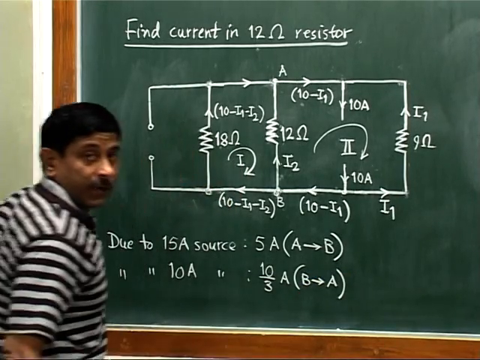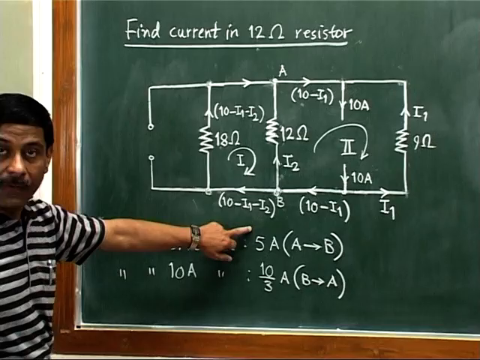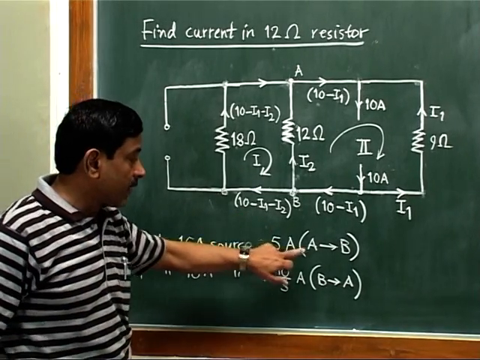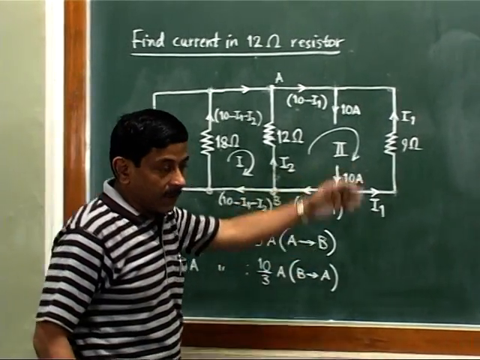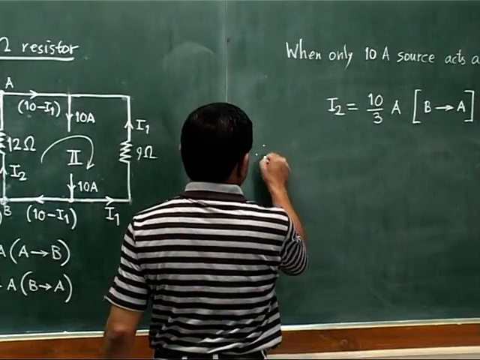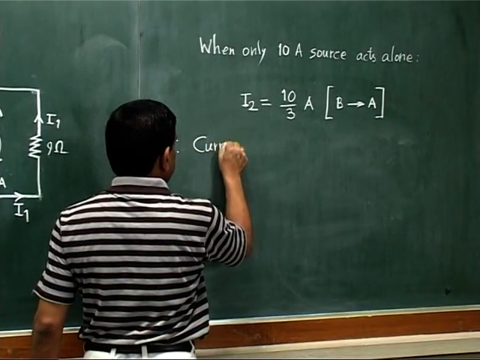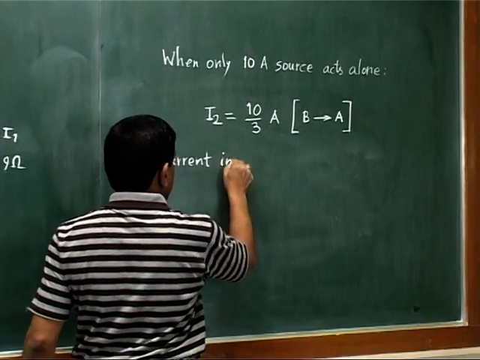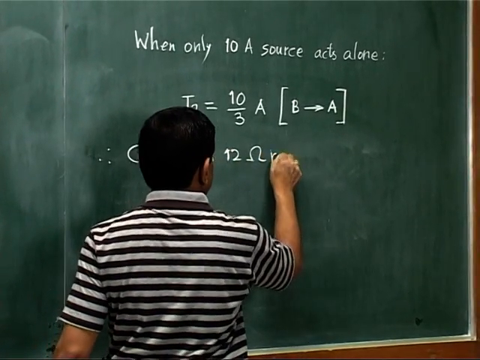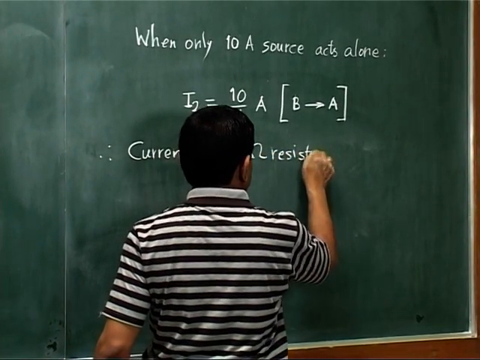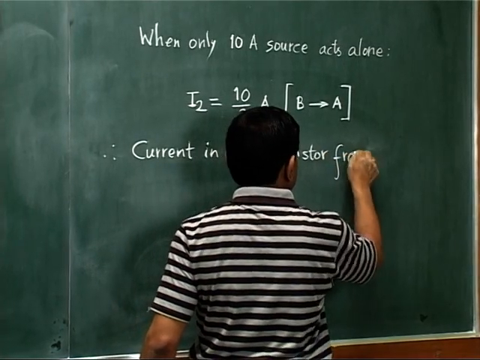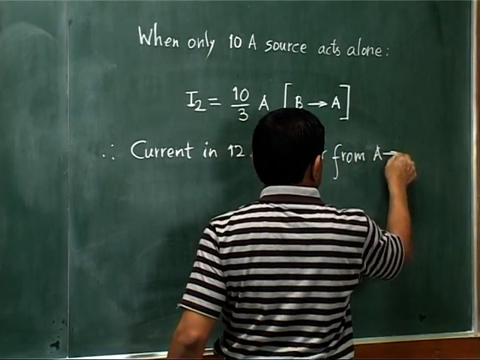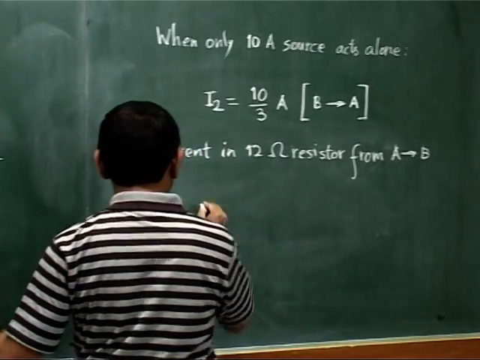Now see here which value is bigger. This 5 ampere is a bigger value. That means finally the current will be flowing from A to B. But we can compile it like this. Hence, the current in the 12 ohm resistor from A to B will be, what will be that value?